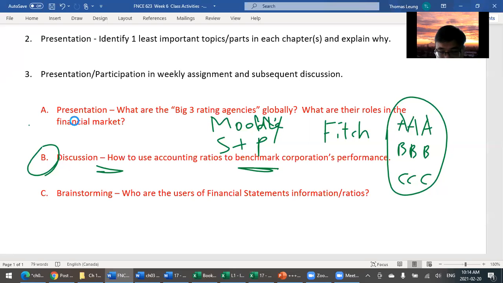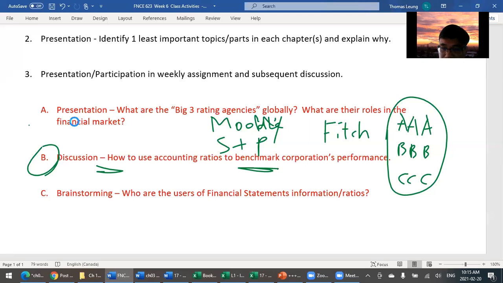Good. Any group want to add anything? Yes, Group 1, Grace. Go ahead. I'll just mention one ratio, which is the profitability ratio. We use that to evaluate how financially stable the company is, the profit the company makes.